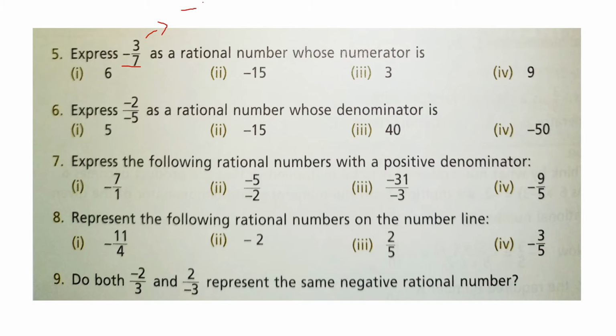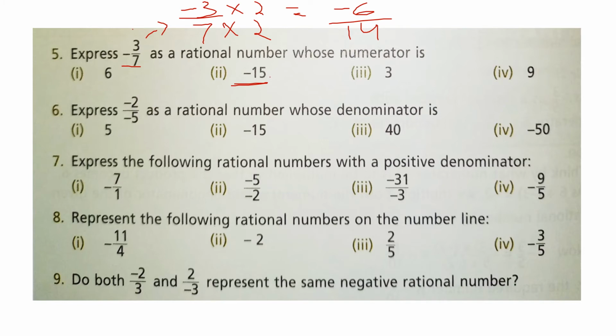So we are going to multiply this rational number by 2 in numerator as well as in denominator. It will be minus 6 by 14. Similarly, in this part you have to convert the denominator 3 into 15.